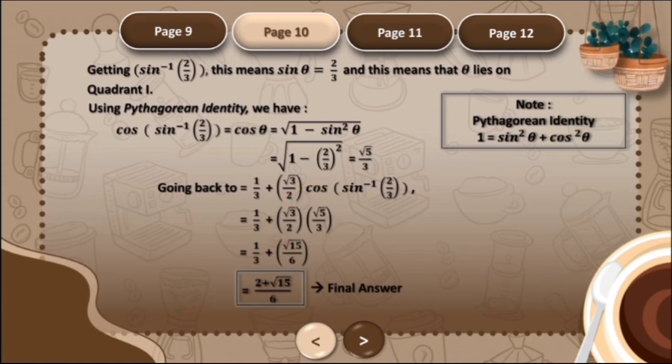So the square root of 3 over 2 times the square root of 5 over 3 is equivalent to the square root of 15 over 6. And now we have 1 over 3 plus the square root of 15 over 6. Using your scientific calculator, the accurate one perhaps, solve 1 over 3 plus the square root of 15 over 6, and you will get 2 plus the square root of 15 over 6 as your final answer.